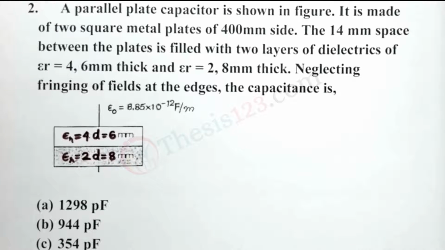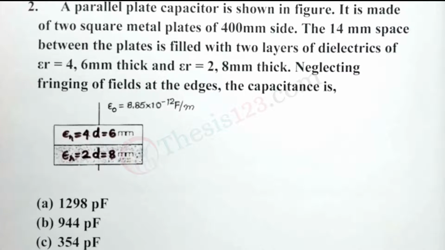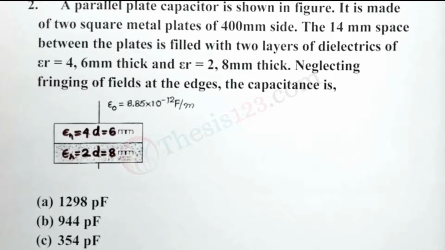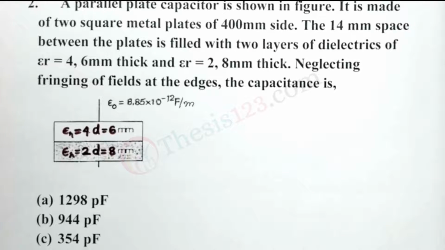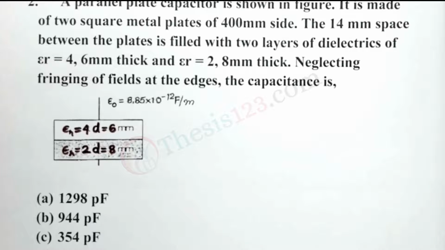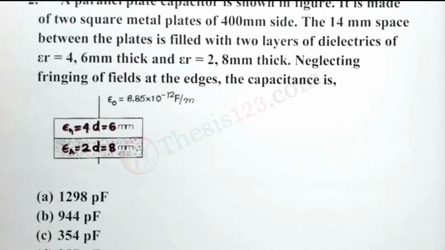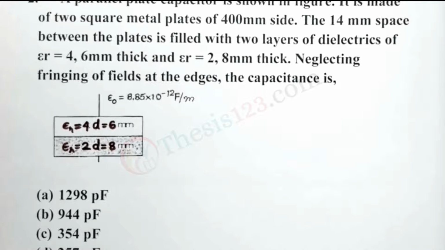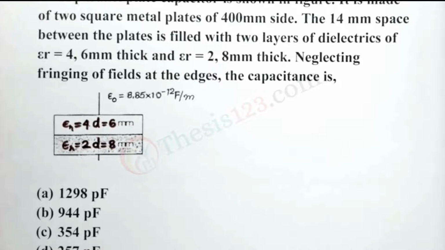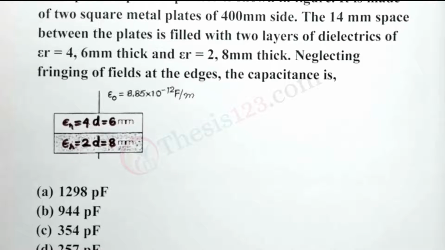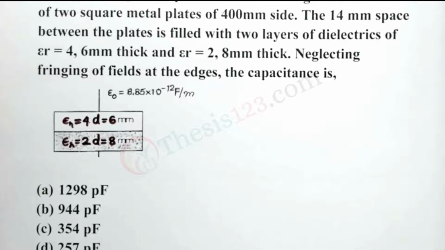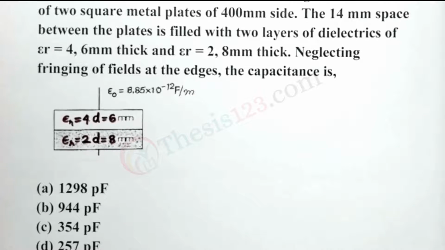Here's the next question in the series, number 2. A parallel plate capacitor is shown in the figure. It is made of 2 square metal plates of 400 mm size. The 14 mm space between the plates is filled with two layers of dielectrics: epsilon r equals 4 at 6 mm thick and epsilon r equals 2 at 8 mm thick.